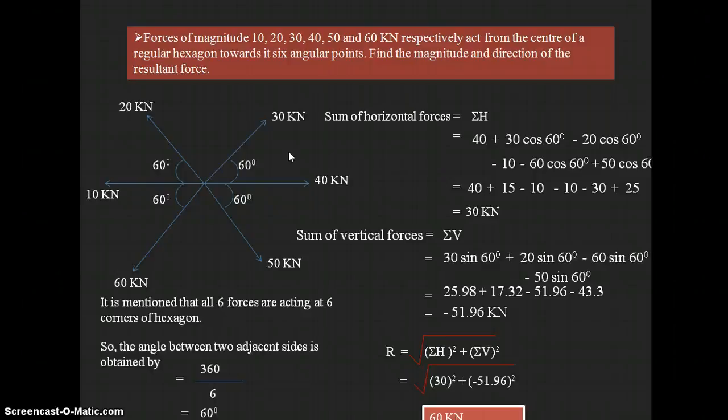For the direction, we need to find the angle theta. Tan theta is equal to the sum of vertical forces divided by the sum of horizontal forces. So theta is equal to tan inverse of the sum of vertical forces by the sum of horizontal forces. That gives the direction of the force. I hope you understand.